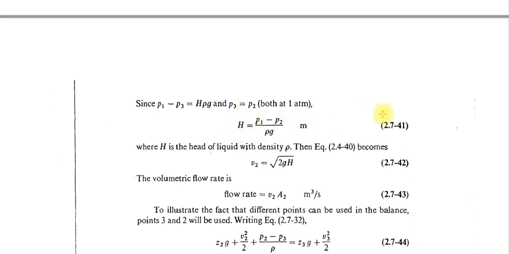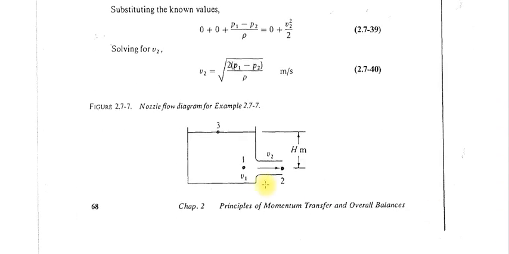Now if you check this diagram, point 3 is at atmospheric pressure and point 2 is also at atmospheric pressure. So the pressure at both points is the same. Okay, so you can write P3 equal to P2 because this is also outside, open in the atmosphere, and this is also outside, open in the atmosphere.